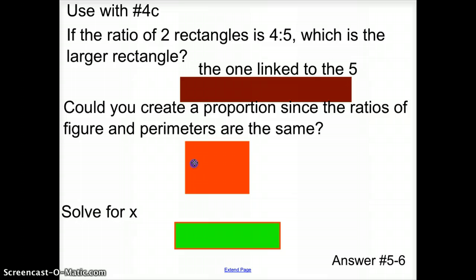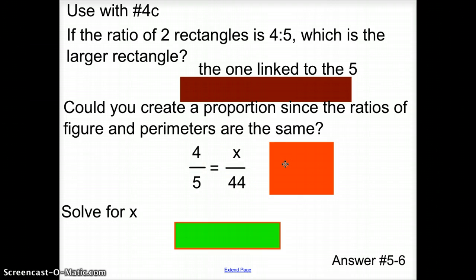The proportion would be found by doing 4 to 5, just as the ratio says, and the 44 is obviously linked to the 5, as I explained above. Since we don't know the length or the perimeter of the smaller rectangle, we're going to set that equal to x. From here, we're simply going to cross multiply and solve.